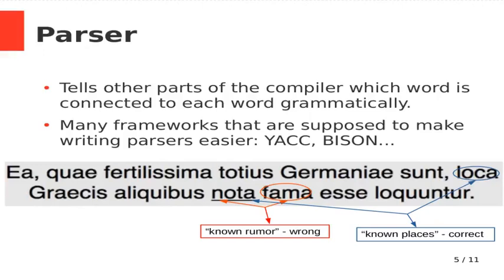There are many frameworks that are supposed to make writing parsers easier. YACC, Yet Another Compiler Compiler, is probably the most famous one. No, I didn't use them in my compiler, simply because they take time to learn and it's not worth it if you are going to write one or two parsers.